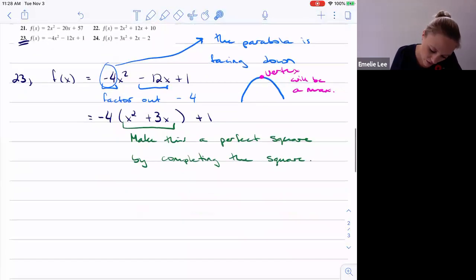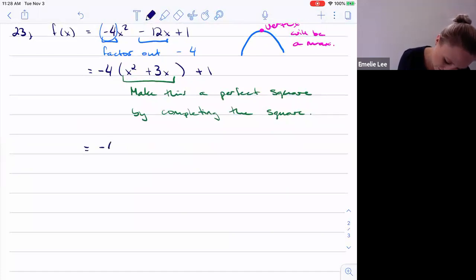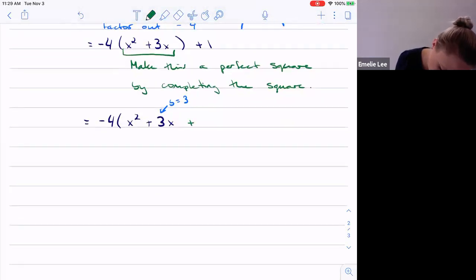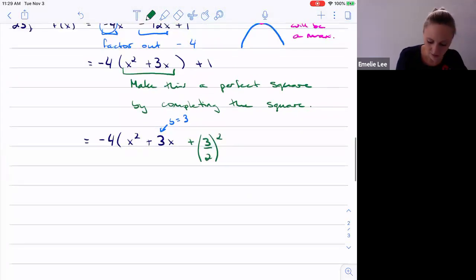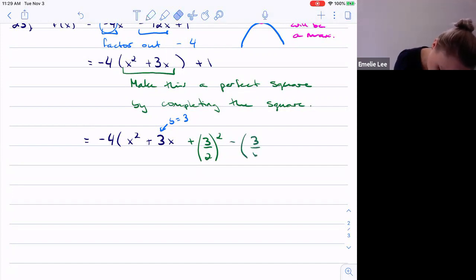That's what makes it hard, because otherwise I'm altering the meaning of this thing. -4 times x squared plus 3x, and I'm going to make a note here that b is equal to positive 3. So then plus 3 over 2 squared. Now I'm doing plus b over 2 squared, but then I also have to subtract b over 2 squared.